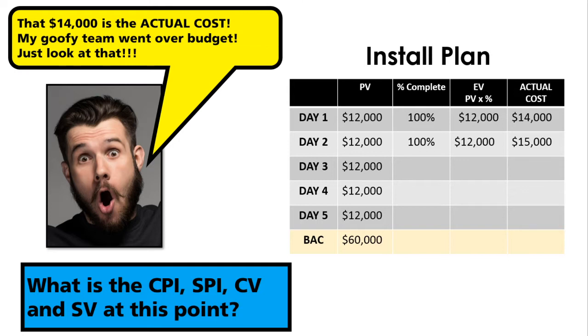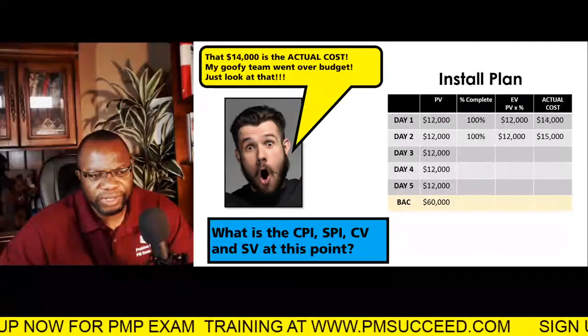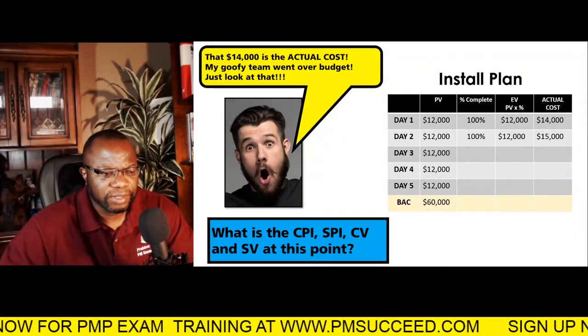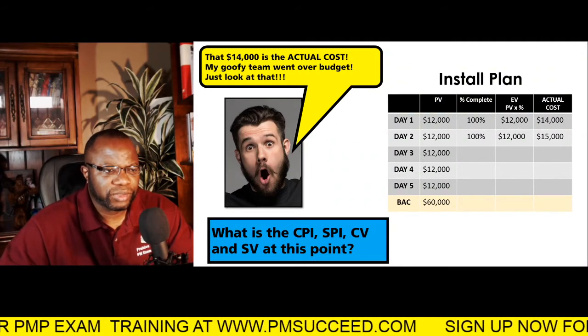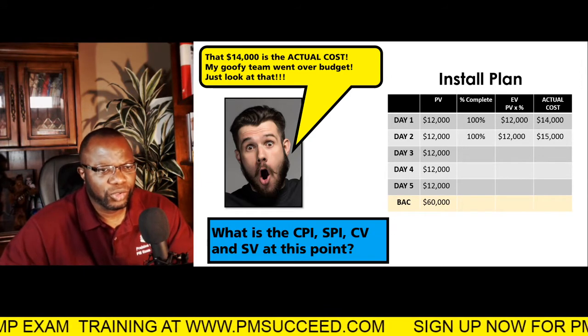But with what you know on day one, you can actually calculate the SPI, the CPI, the CV, and SV. So if you take the PV of 12,000, the EV, which you know is 12,000 as well, and the actual cost, you can use all of those to find the schedule performance index, the cost performance index, schedule variance, and cost variance. So if you plug those numbers in, you will get the answer.